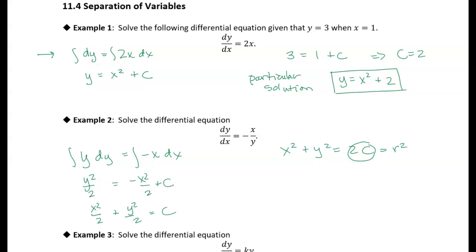And we actually looked at the slope field for this particular differential equation in 11.2, and you saw that the slope field was indicating some sort of concentric circles as the solution set for the differential equation. So there's a couple of differential equations we've solved, and I'll meet you for example 3.